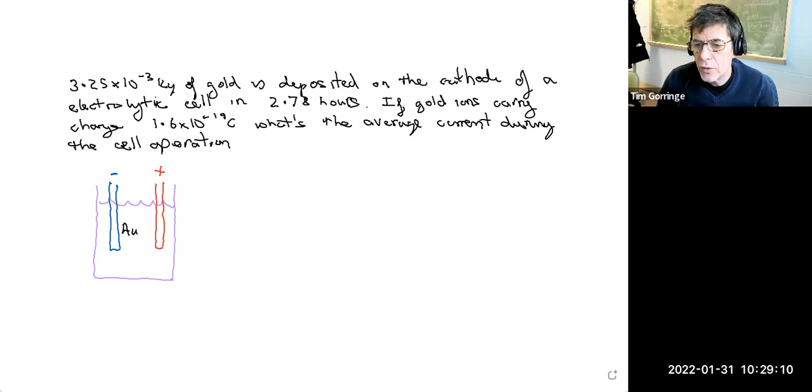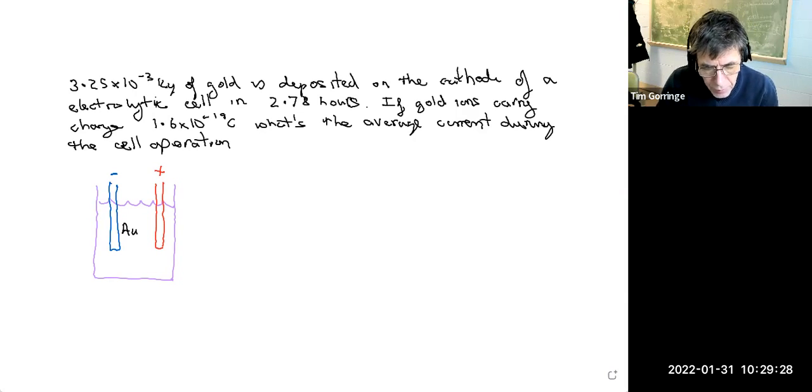I wanted to work through a problem that involves the notion of electrical current and its relationship to charge and individual charge carriers.